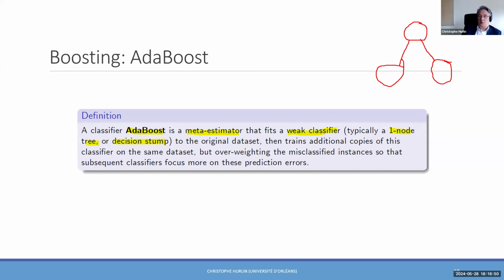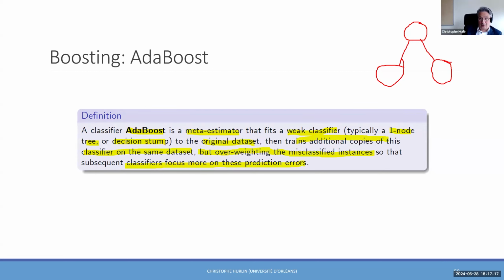We train this model on the original data set, all the data. There is no bootstrap sample. And then we train additional copies of this classifier on the same data set, but overweighting the misclassified instances so that subsequent classifiers focus more on the predictor's errors.